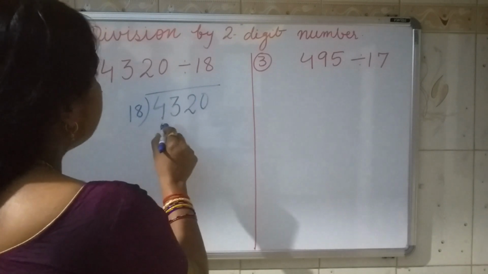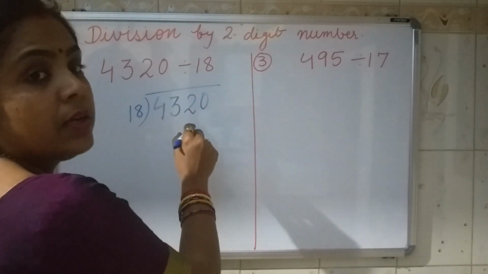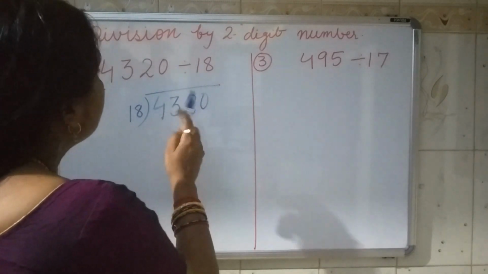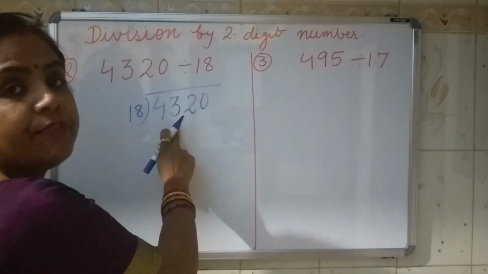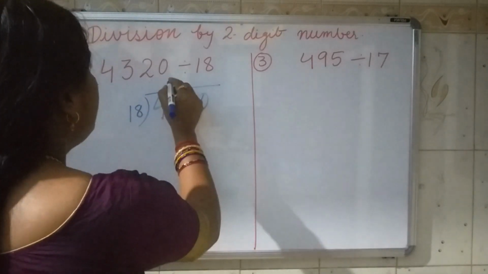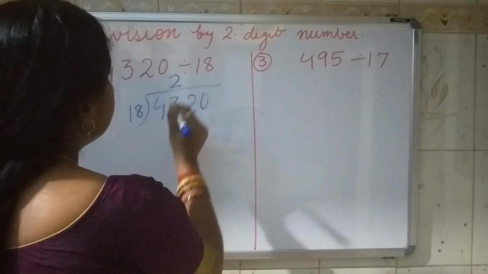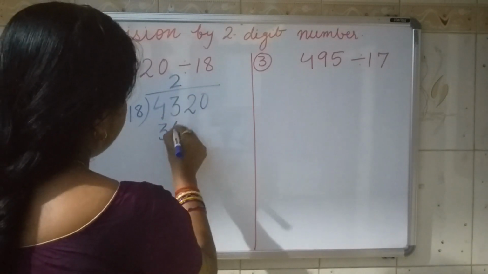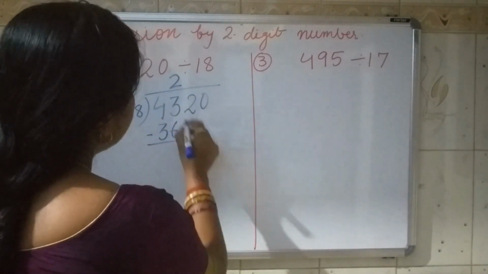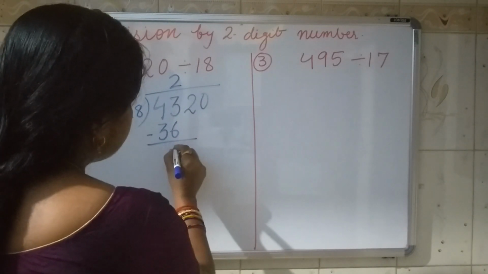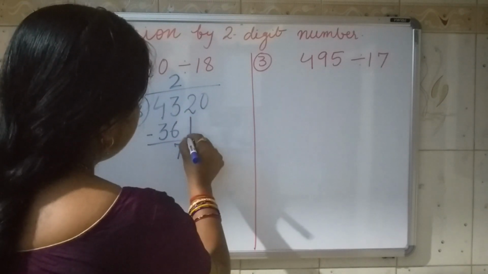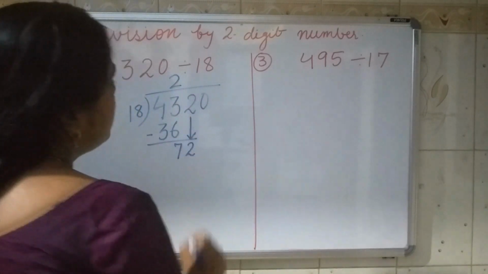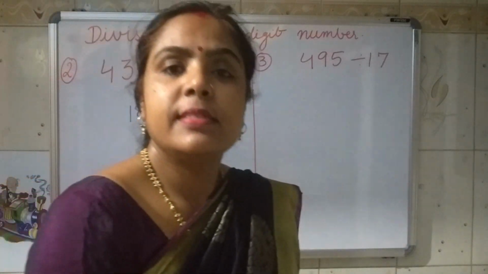18 1s are 18, 18 2s are 36, 18 3s are 54. So 3 times it is coming 54, which is not possible. So we will go for 2 times. 18 2s are 36. 43 minus 36 is equal to 7. Bring this number down, 2. 18 4s are 72.